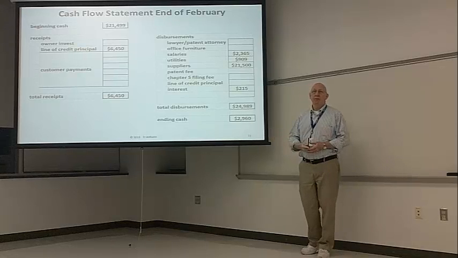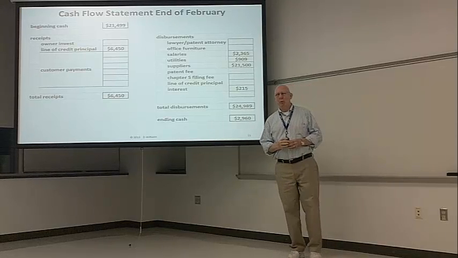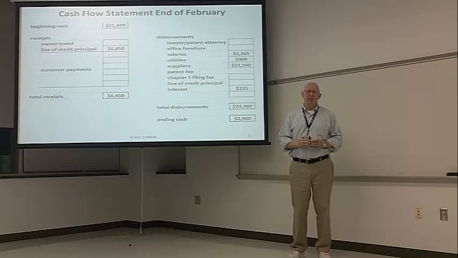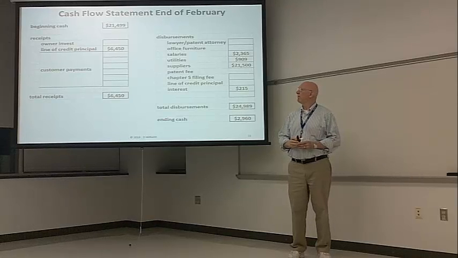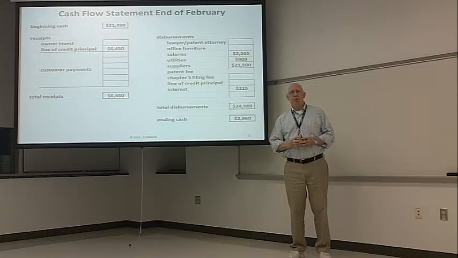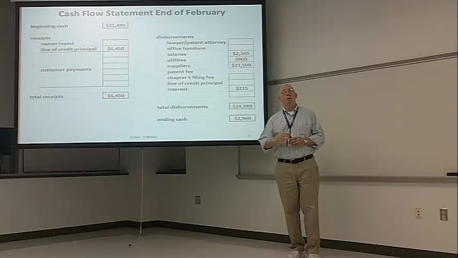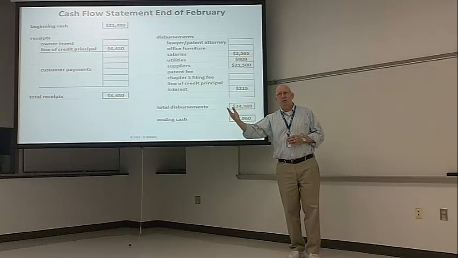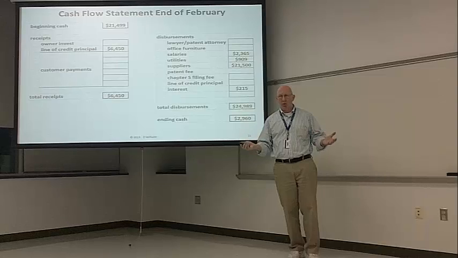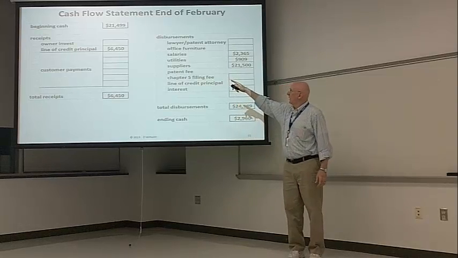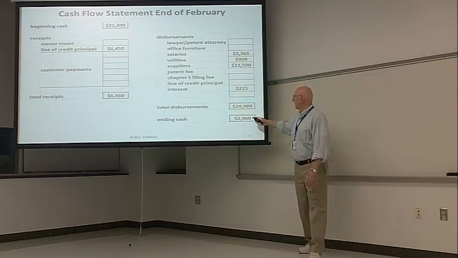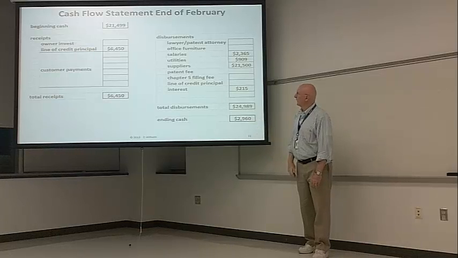Without that line of credit, we'd be in negative cash land, and that's a really, really bad place to be. So some financial person at the company was doing a projected cash flow statement, said, whoa, we're out of cash, and got some from the bank so that the ending cash is positive.